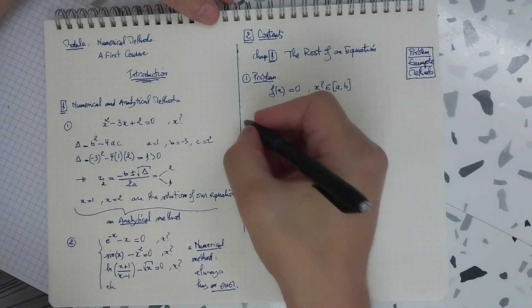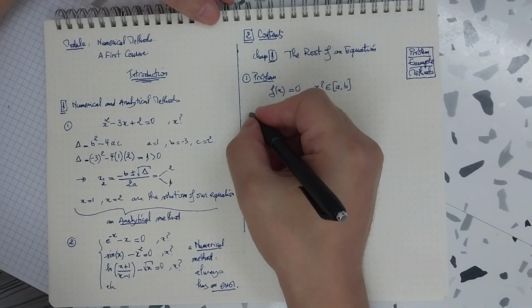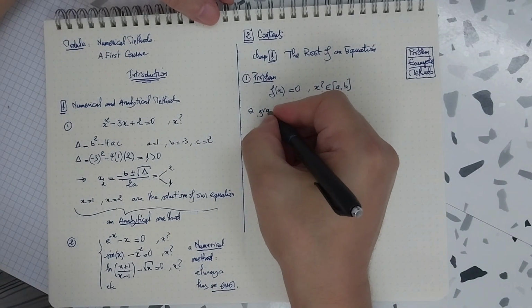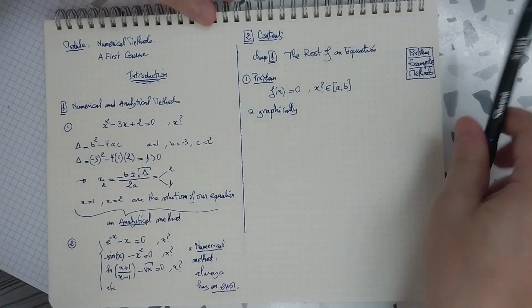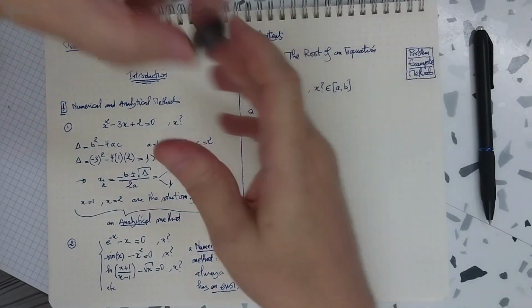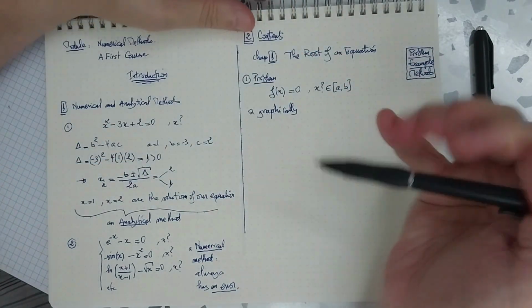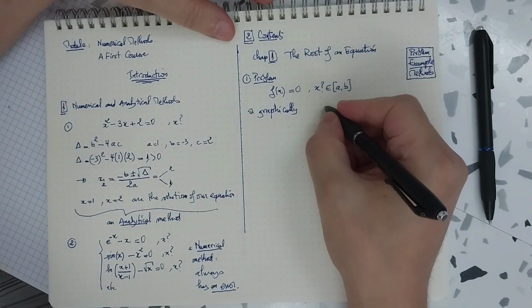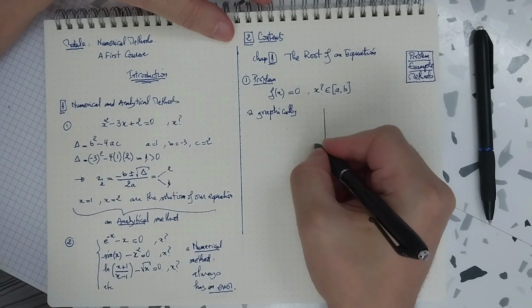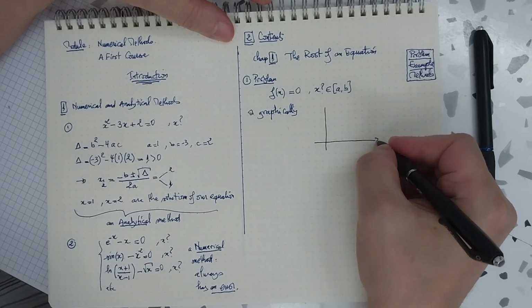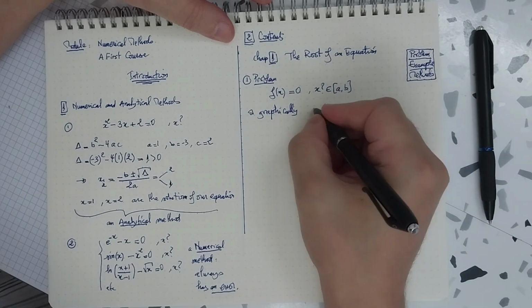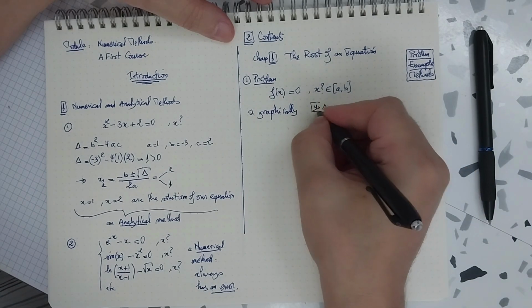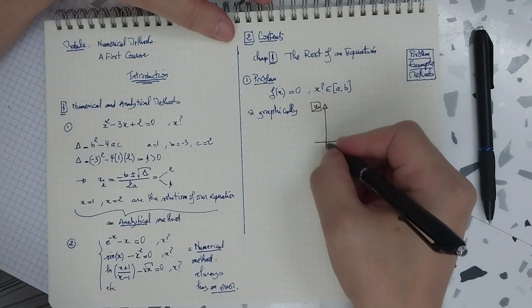We can also present it graphically. Let's use another color. So we have the x-axis, the abscissa, and the y-axis, the ordinate.